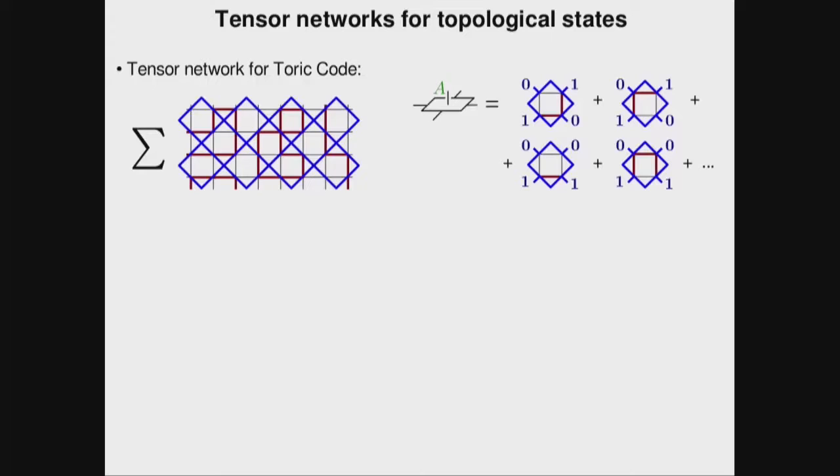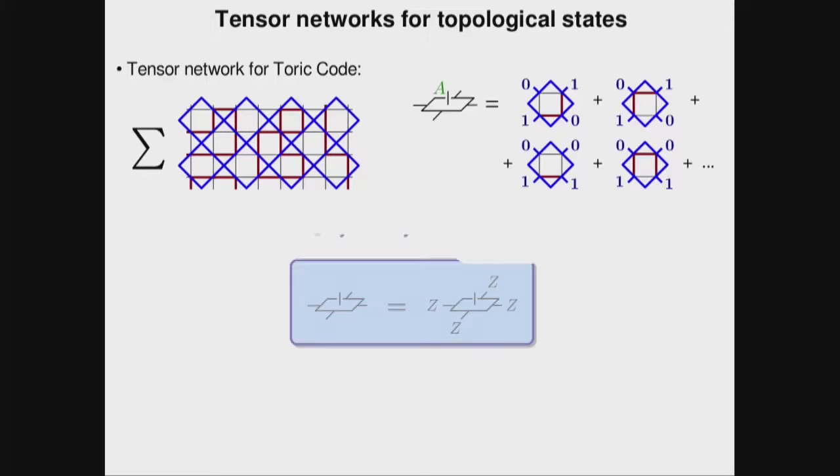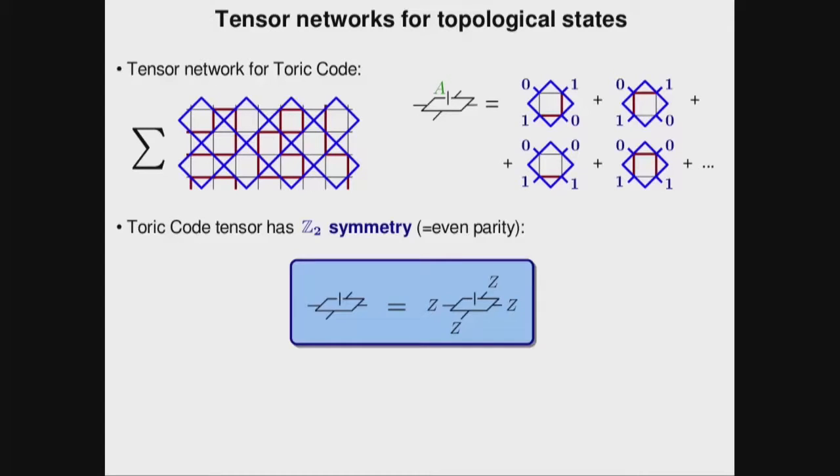Now, what does this tell us? Well, it tells us if we look at this tensor, we count this number of leaving loops. We can write an operator which does this counting, which is a Pauli Z matrix, right? A Pauli Z matrix, which gives me a +1 if I have a 0 and a -1 if I have a 1 at the boundary. And all configurations at this boundary must have an even number of 1s.